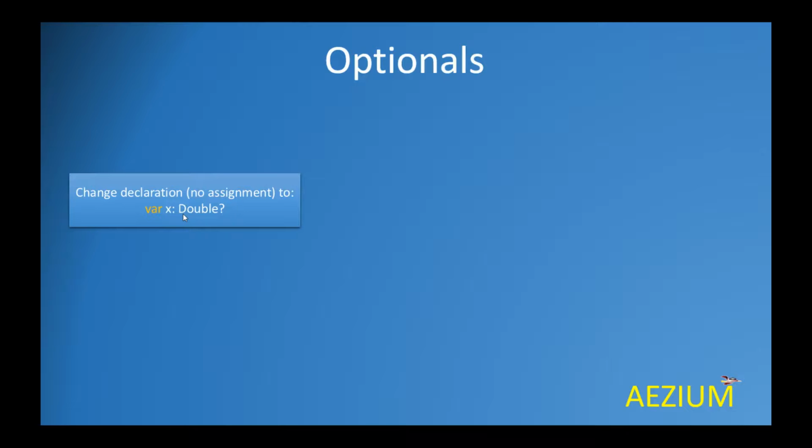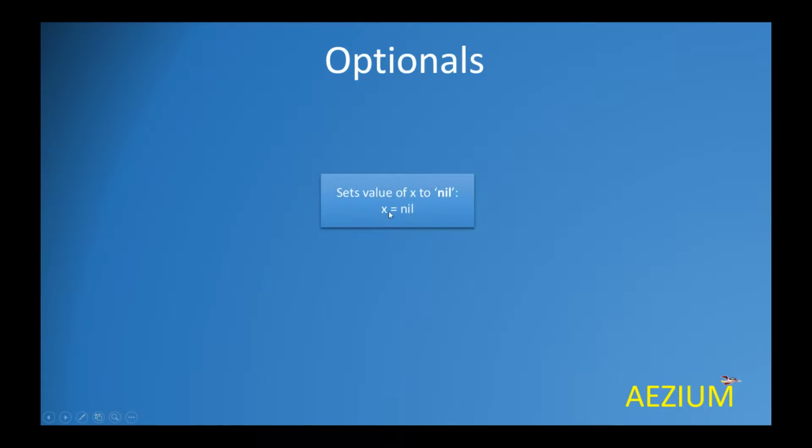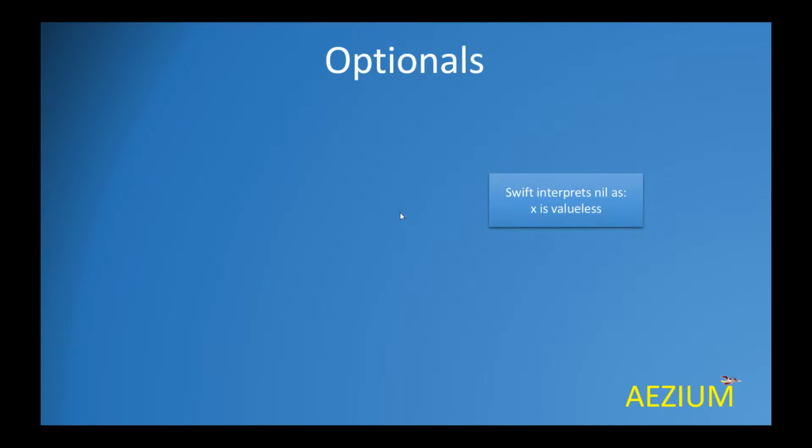When we declare x to be of an optional type, like so, without any assignment, Swift will automatically set that variable to be equal to this thing called nil, which effectively is saying that x is valueless. But by setting it to nil, we're not leaving x up in the air. So x is valueless, in a state which is recognized by Swift.